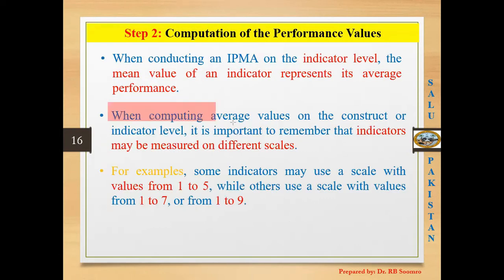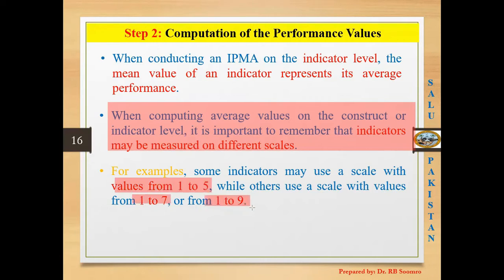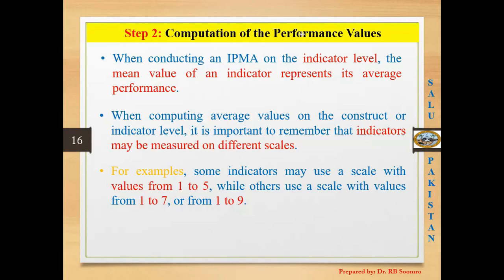Another thing is that when computing the average values, the construct or indicator level is important. The indicators may be measured on different scales, like from 1 to 5, 1 to 7, or 1 to 9, but here we are calculating their average.